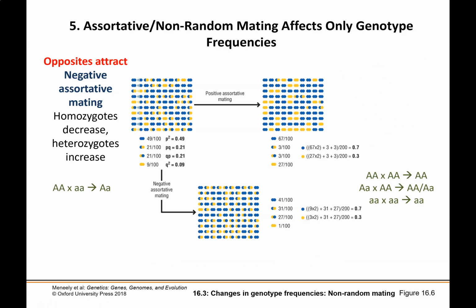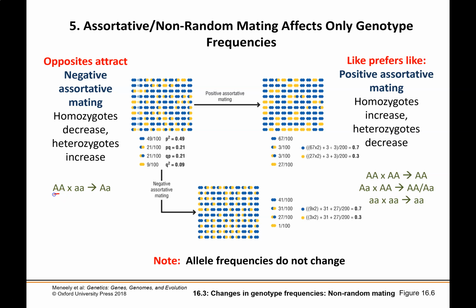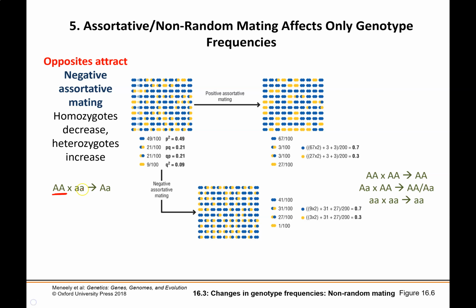In negative assortative mating, individuals are choosing those other individuals with opposite traits of their own. So your homozygous individuals with one phenotype are choosing their mates because they are homozygous for the opposite phenotype. Now, when they mate, they are going to produce heterozygous individuals.